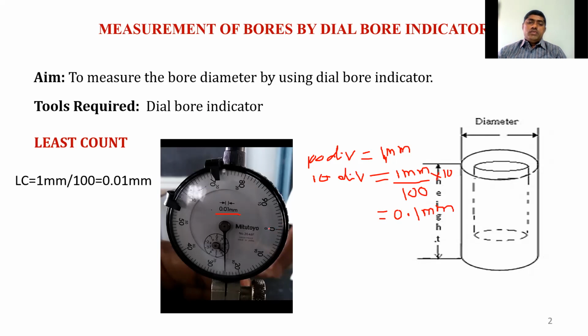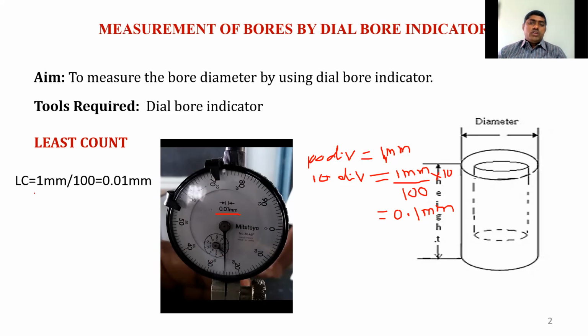Suppose the large hand moves through 20 divisions, the linear distance moved is equal to 0.2 mm. Similarly here 0.3 mm at the 30th division, 0.4, 0.5, 0.6, 0.7, 0.8, 0.9 and 1 mm.